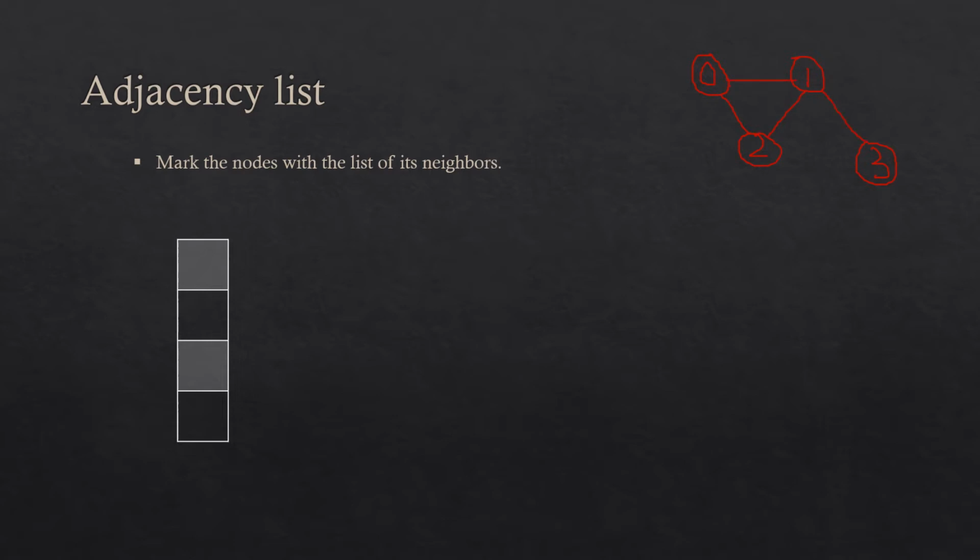So basically what we'll do is that it will create a list of nodes first, and then it will see which node has an edge to which other node. That is, 0 is pointing to 1 and 2. So it will store 1 and 2. Whereas 1 is pointing to 0, 2 and 3.